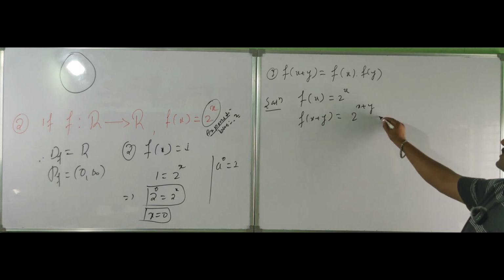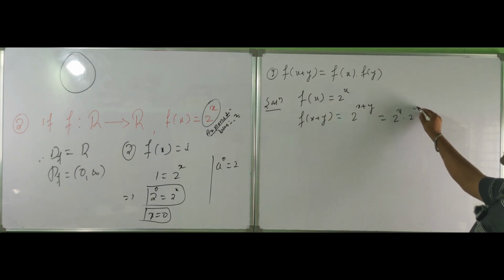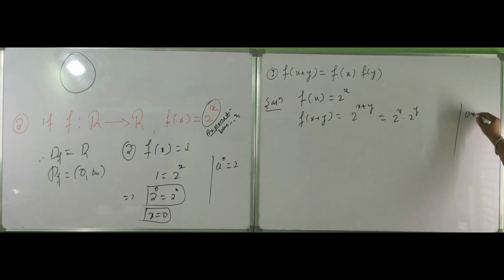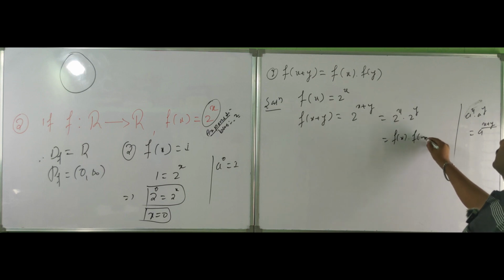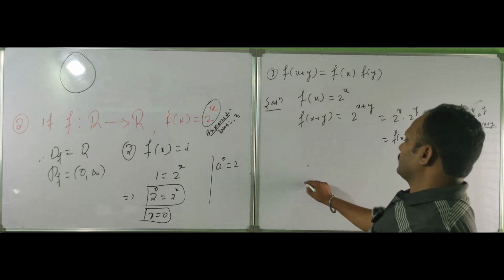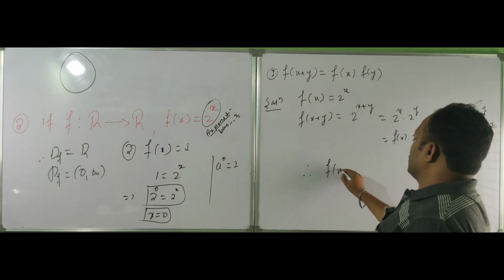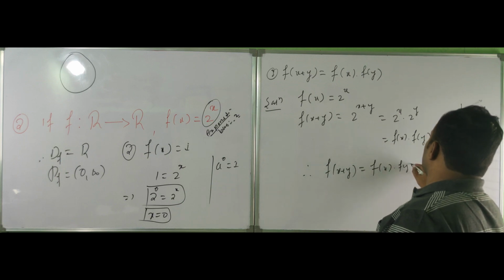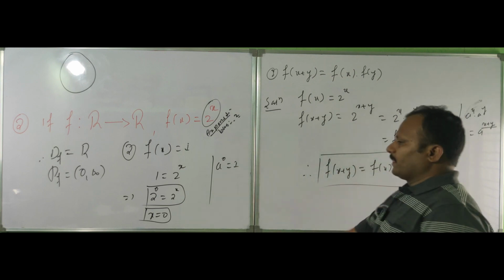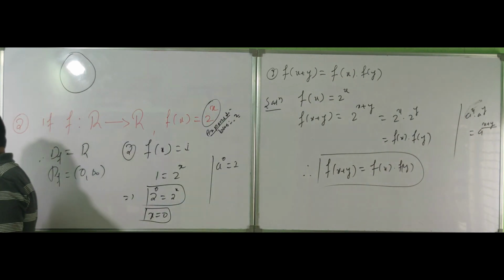This becomes 2 to the power x into 2 to the power y, because a to the power x into a to the power y is equal to a to the power x plus y, formula. So you can write f of x into f of y. Therefore, for the exponential function, f of x plus y is equal to f of x into f of y. Hence proved.